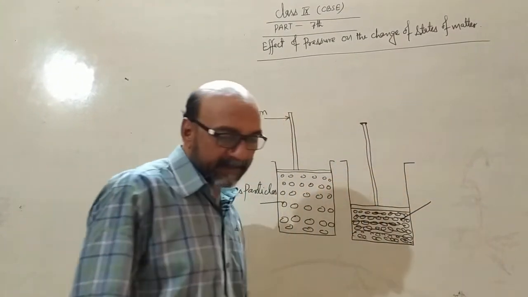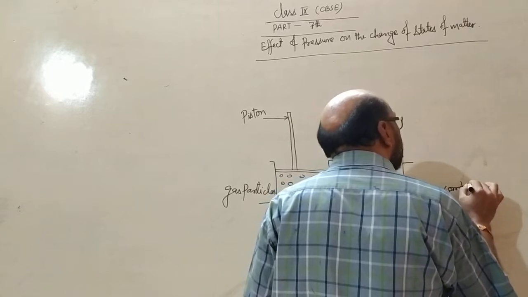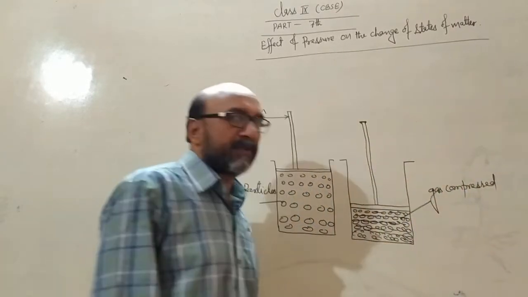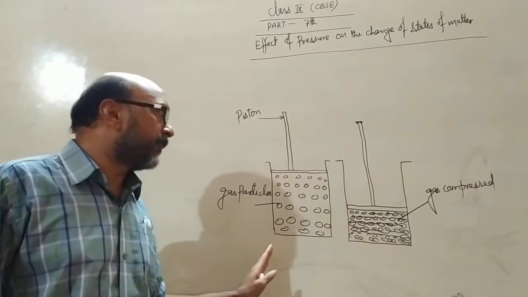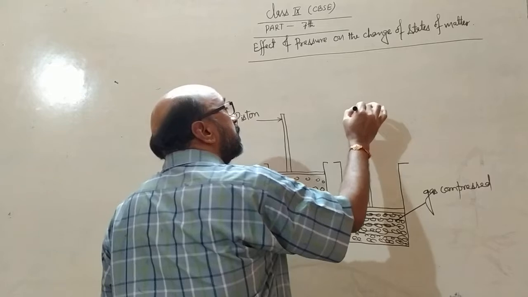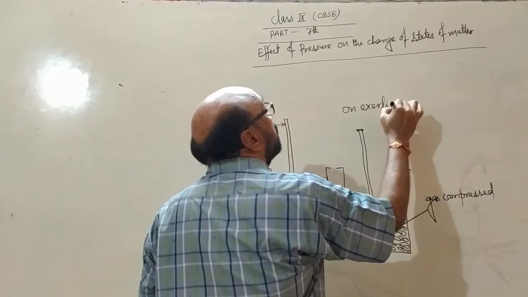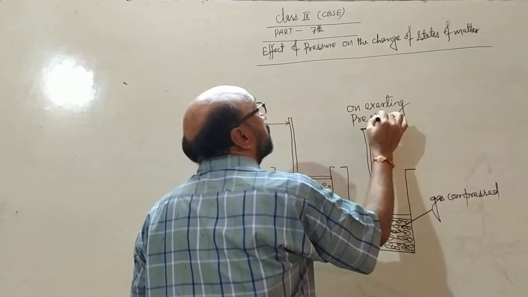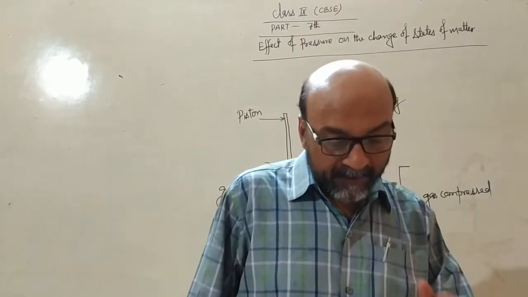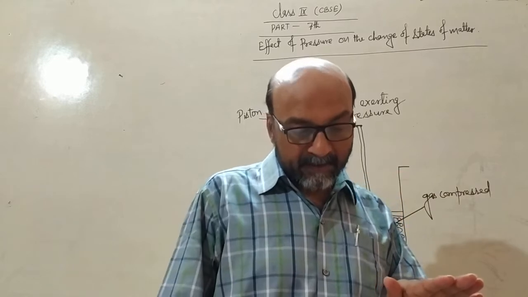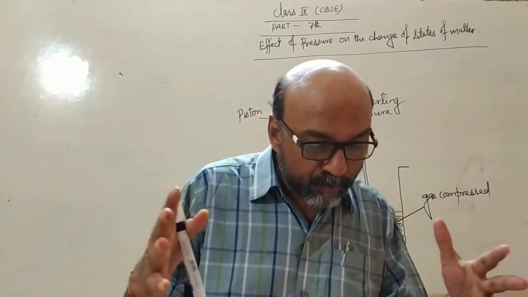So, what shall we say? Gas is compressed. With the help of these two diagrams, we can understand that on exerting pressure on the piston, the gas is compressed. By applying pressure, particles of matter can be brought close together.